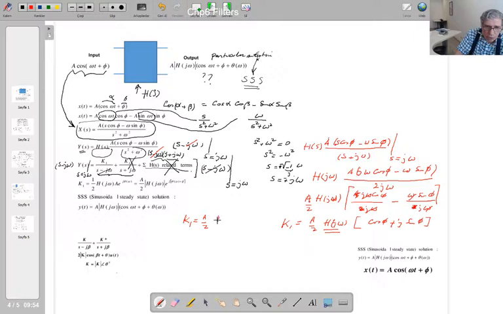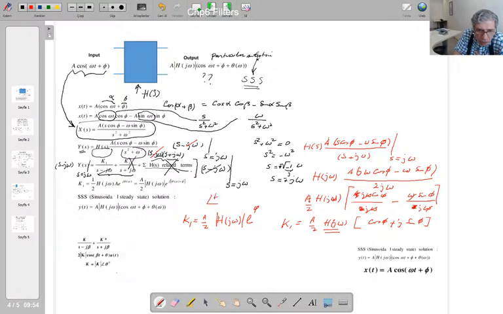It's going to be H(jω) modulus e to the power, let's say the angle of this is φ. So that's the angle of this.